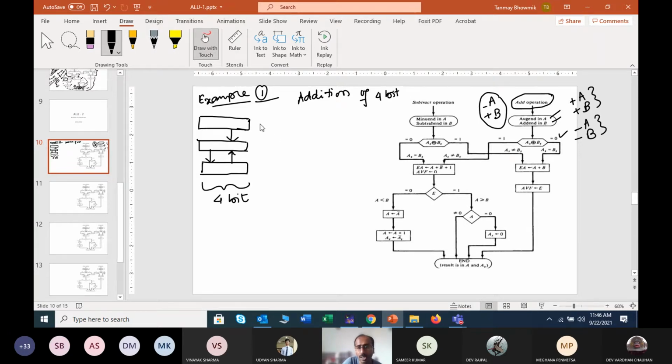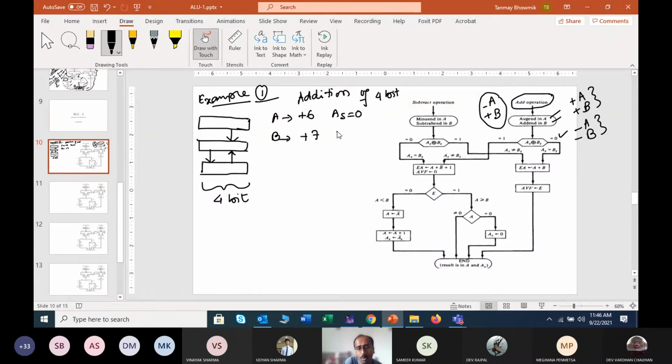Now think, when you do this, what numbers can I take? You can take numbers like +6 and +7. So say your A is +6, B is +7. What should be your AS in that case?